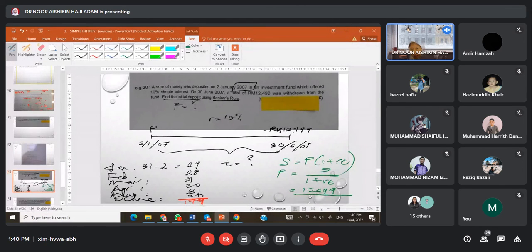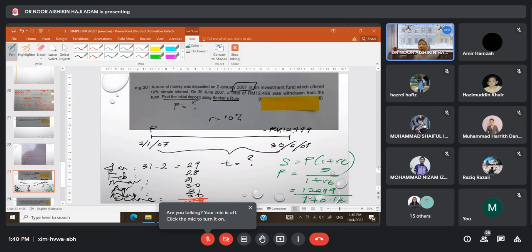Maknanya dia withdraw duit tu, kalau ini adalah S, dia withdraw duit tu dan tutup account. Tak ada duit langsung dah. Itulah soalan dia very misleading. 12,499 over 1 plus R. Your R is 10%, so 0.1 T. Cuba kira balik, dapat tak?